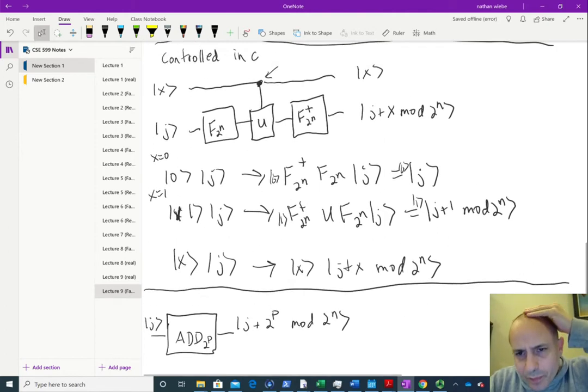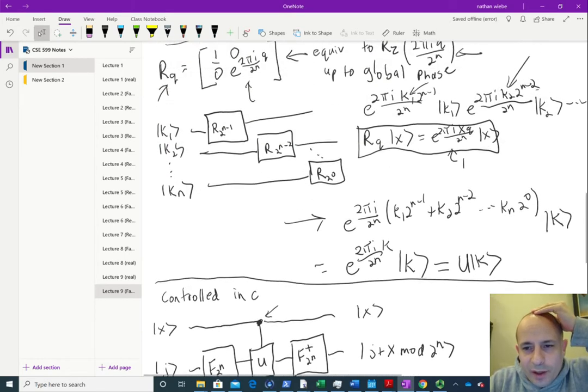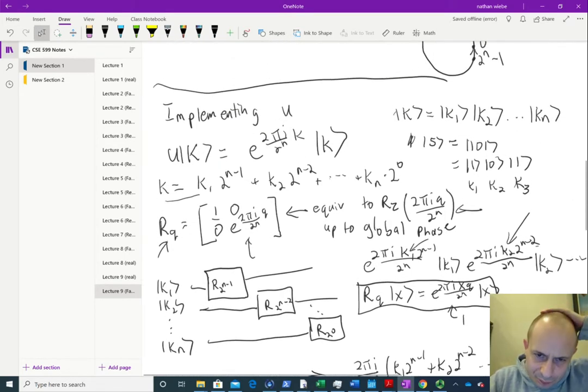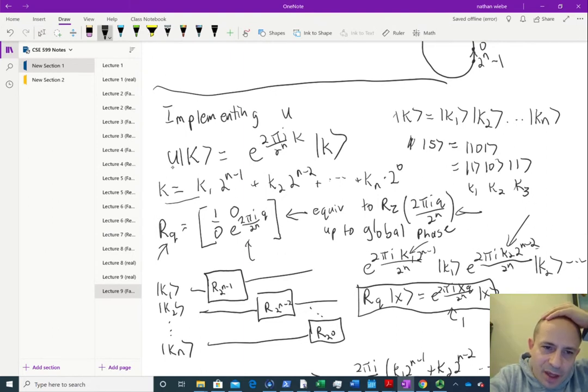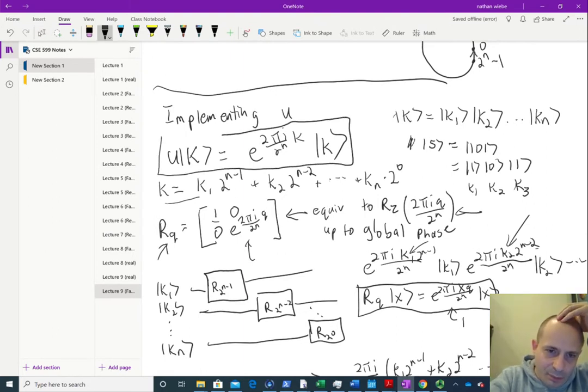Now, the way the incrementer ended up working, if you recall, is we needed to build an object such that when k is input, a phase of e to the 2 pi i k over 2 to the n is added back.